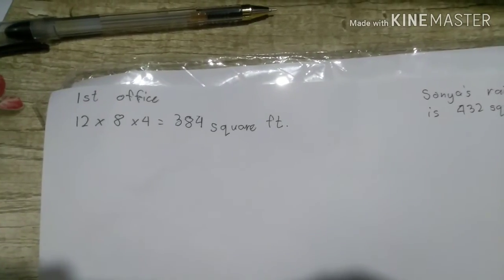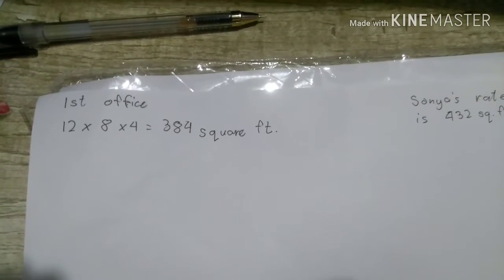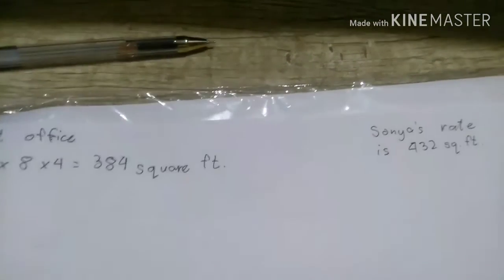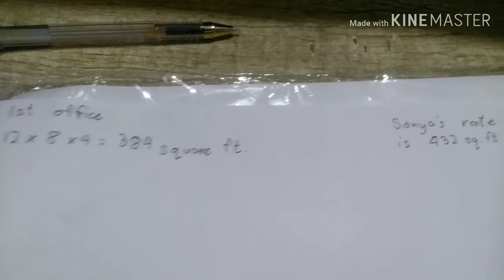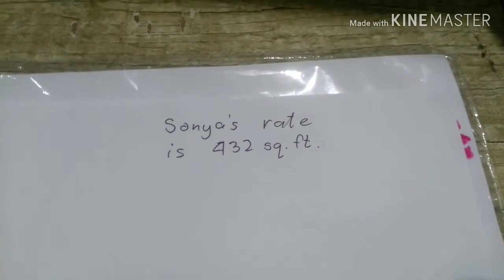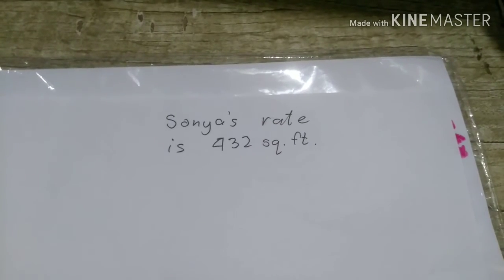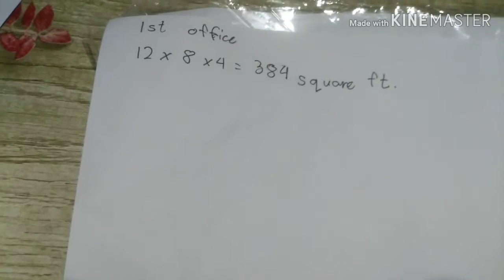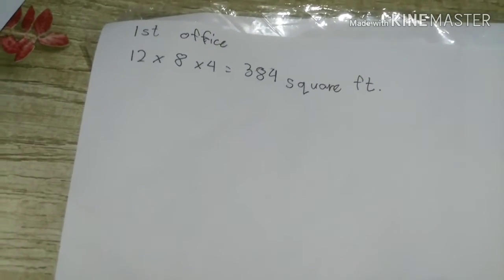As you can see, 384 is lesser than Sonia's rate of 432 square feet. So Sonia can paint the first office in less than 3 hours.